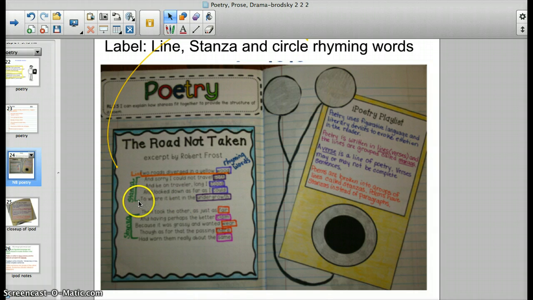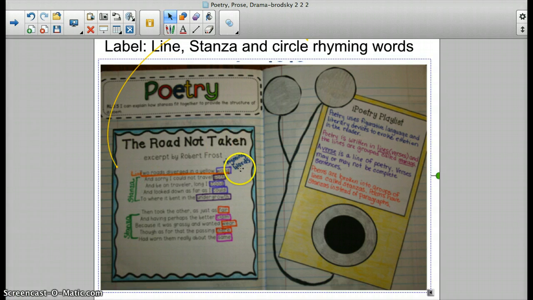So just maybe on the side in a certain color, go ahead and label stanza for each one of these. And then each line, underline just one of them and label it a line. What I'd also like you to do is identify the rhyming words with one color. Go ahead and box out the words that rhyme.